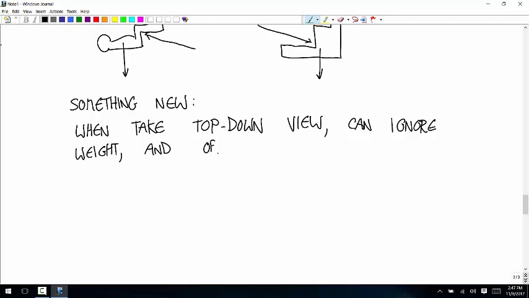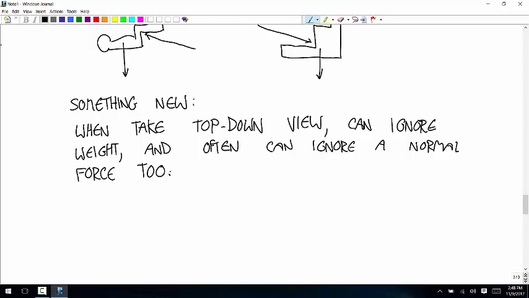And often, if there's a normal force, like the thing sitting on the ground or on an object, you can often ignore that too. You can do that because those forces are out of the plane.